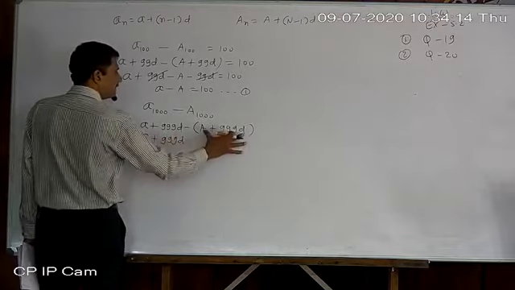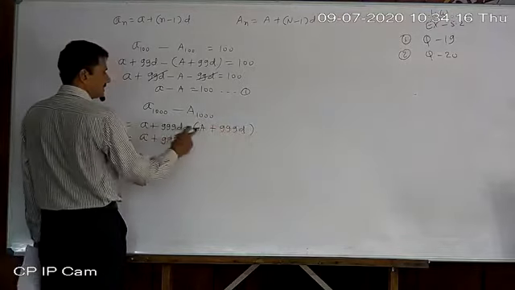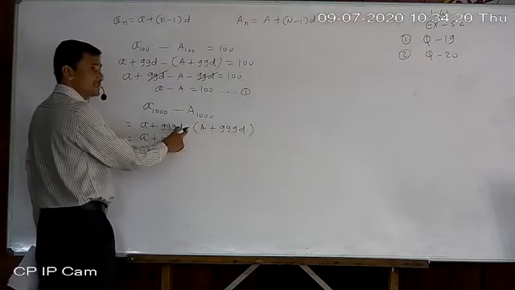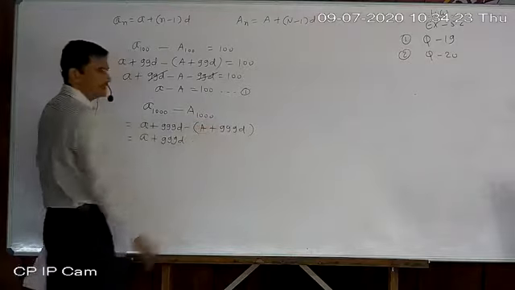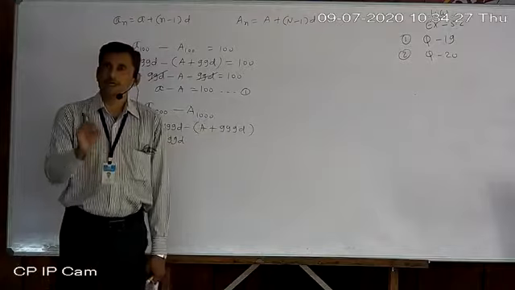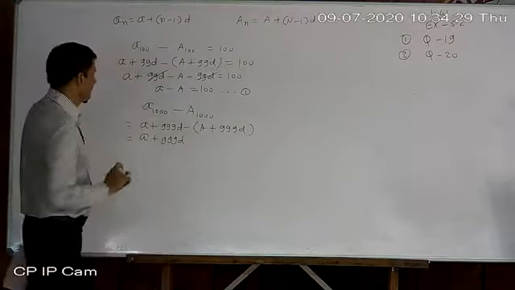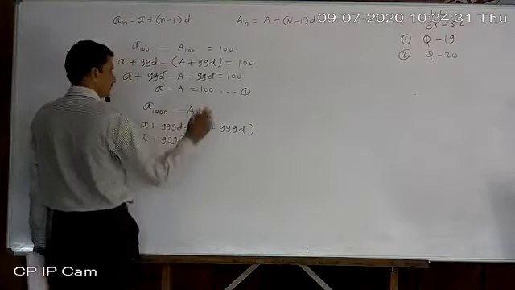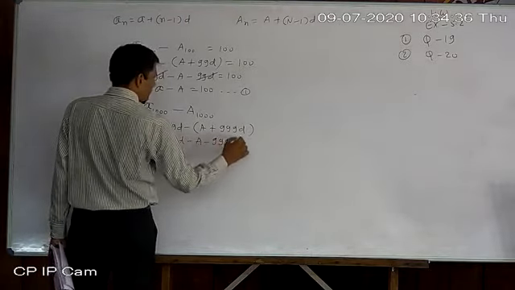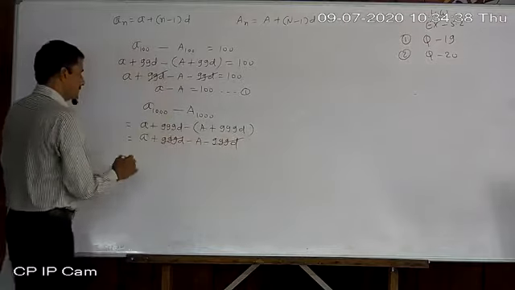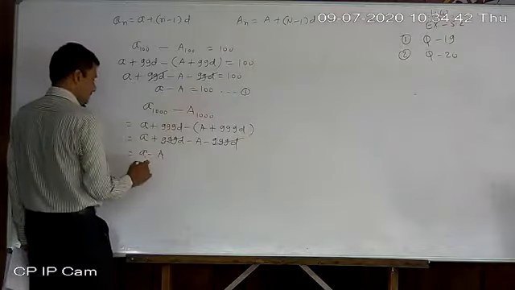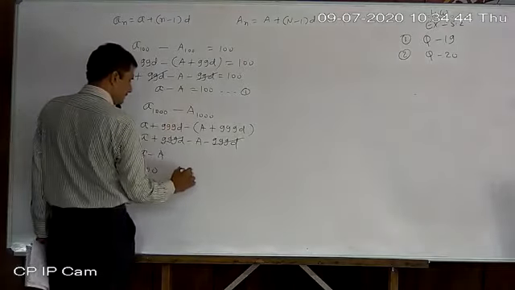Why did I make a bracket here? You understand? If more than one term is there and a minus sign is before it, you always write the binomial or trinomial, however many terms, in brackets. No need for a bracket here. So minus A minus 999d. Cancel just like that. So what is left? a minus A. But we know what a minus A is: 100 only. Okay, give the reason here by 1.